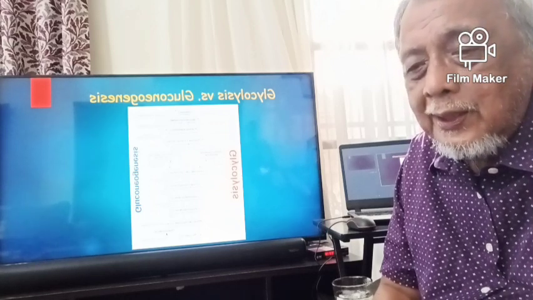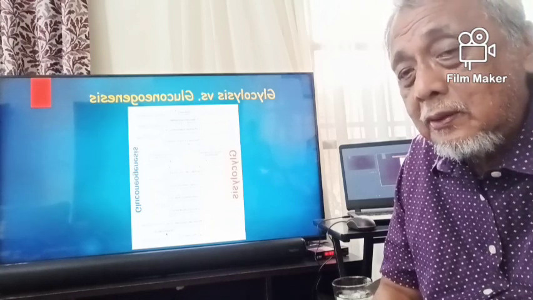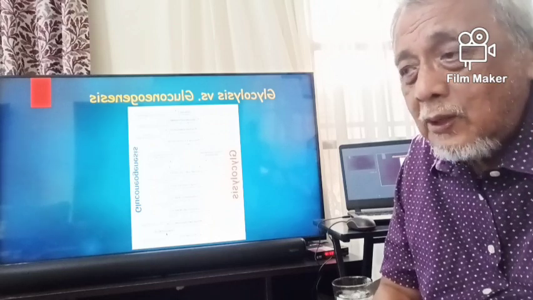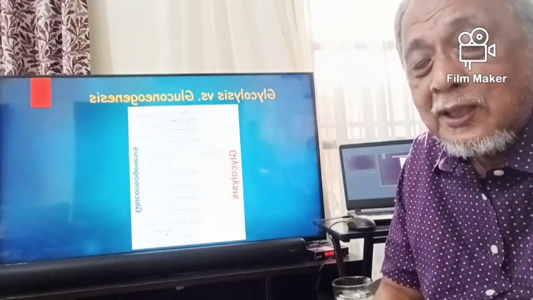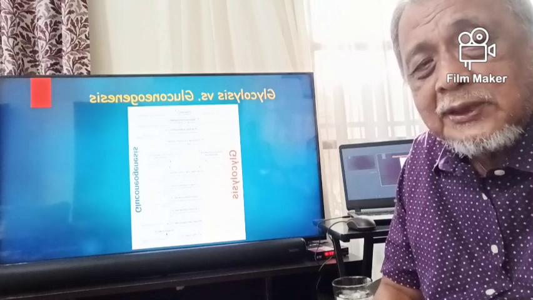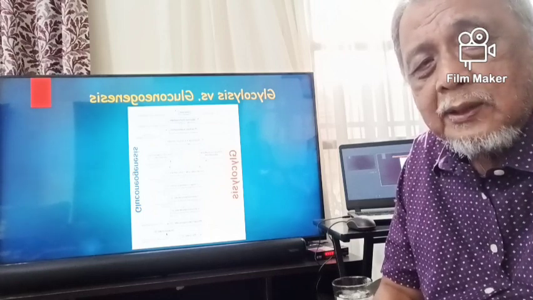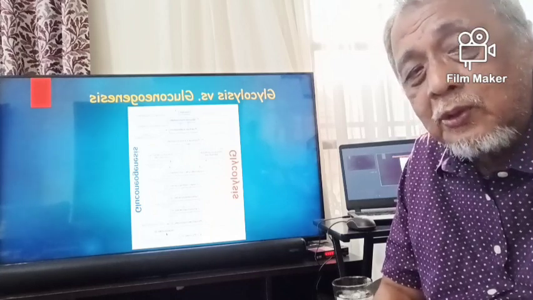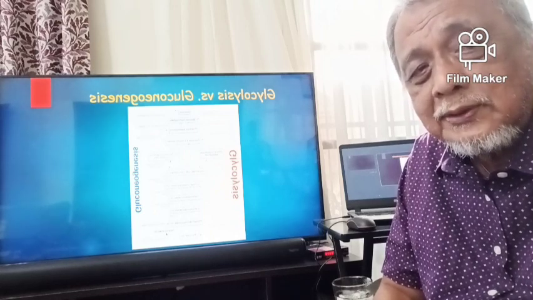So, if you want to ask, then if fat is used as a source of energy, what are the advantages and disadvantages? Of course, there are advantages. And one of the advantages is that as far as the output of energy is concerned, if you compare fats as sources of energy and sugars or carbohydrates as sources of energy, there is a very big difference.